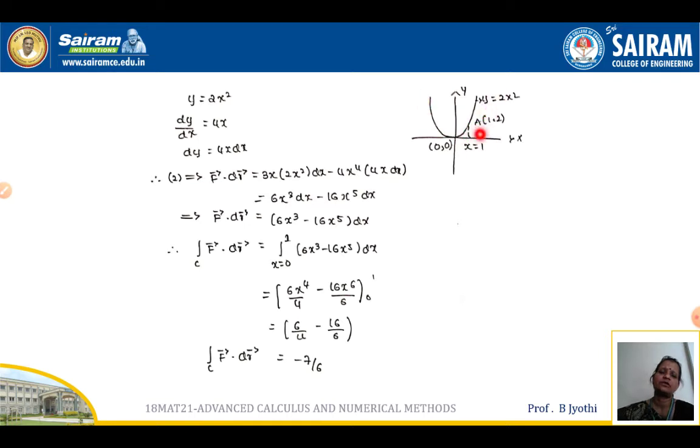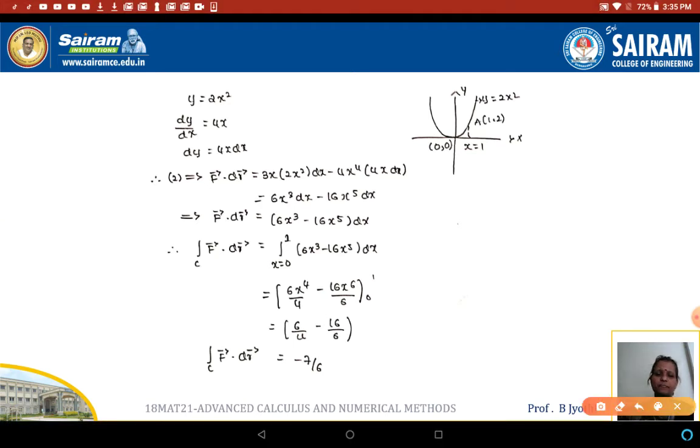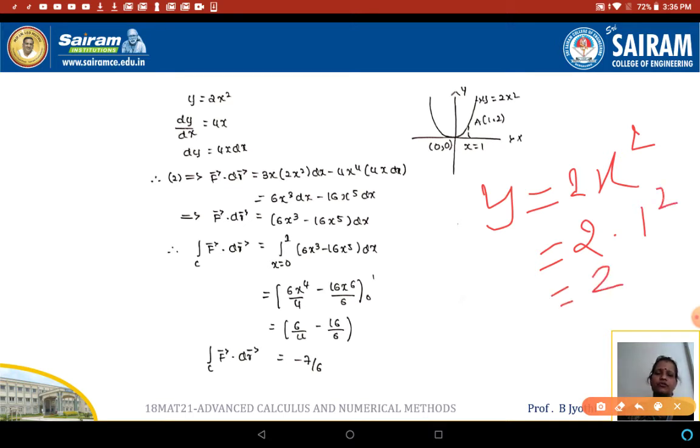When x is equal to 1, y is equal to 2 into 1 square, that is 2. Therefore, when x is equal to 1, y is equal to 2. That is the point we are going to get here, (1, 2).